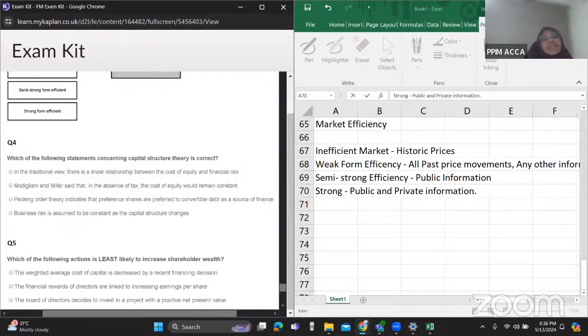If you don't know the theory, in your exam, honestly, take a guess. Because you have 4 options, so don't leave anything blank. They're asking for the correct statement.